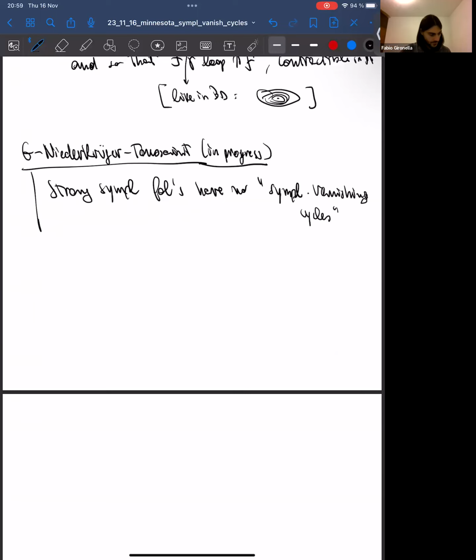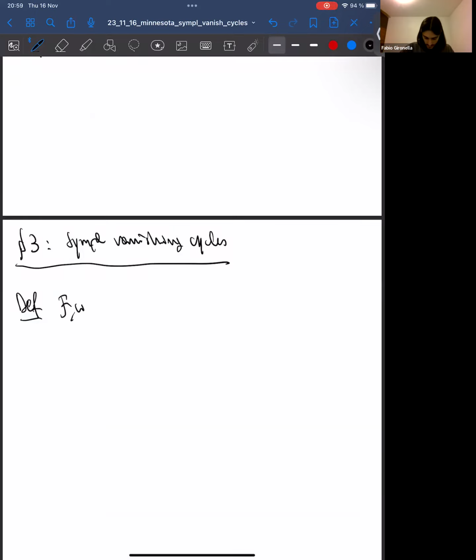Then let me define what these symplectic vanishing cycles are. Let's pick a symplectic foliation on a manifold M of dimension 2n+1, and let's pick a closed manifold sigma of dimension n-1.